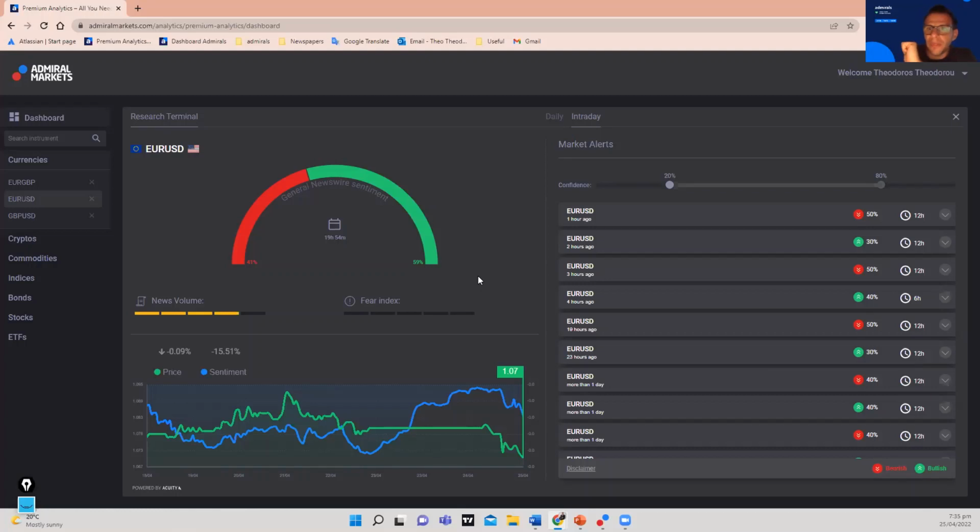Okay, now we cannot fall in a trap and think that an intraday bullishness always changes the trend, the direction in the market. No.